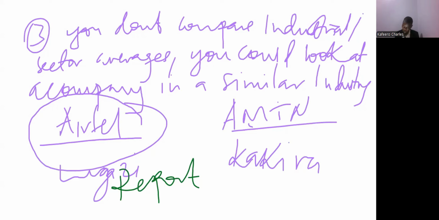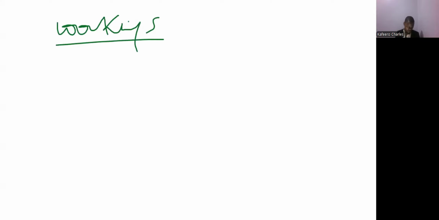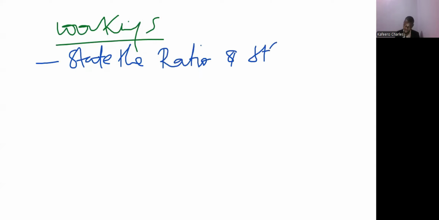You need workings to reference your results to, and the report itself will be brief. These workings follow three steps. Number one, you state the ratio and its formula. Number two, you compute the ratio.